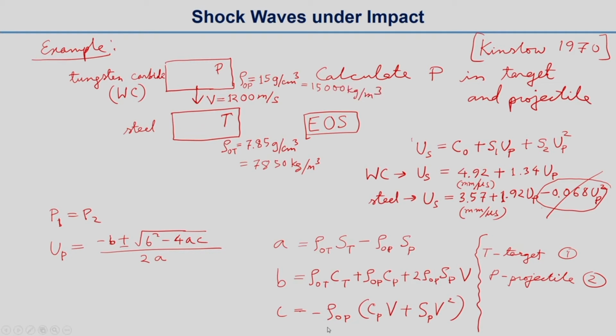And then we have this C naught, CT or CP. So this is CT for the target, and this is C for projectile. Similarly, this is S target, and this is S projectile.